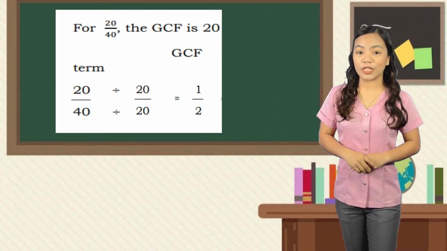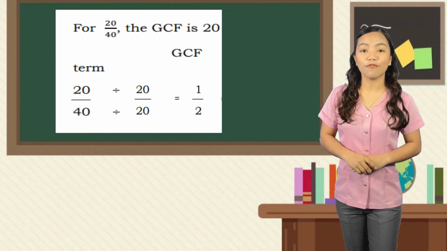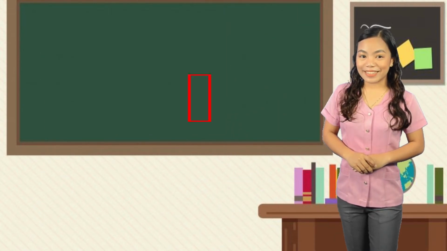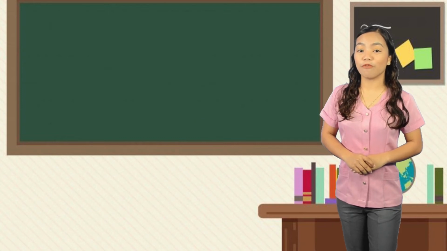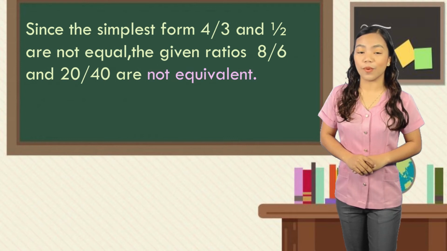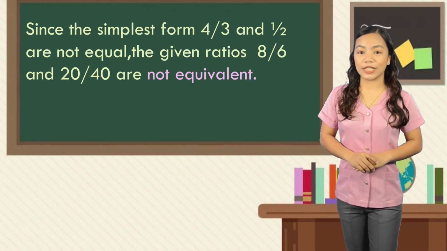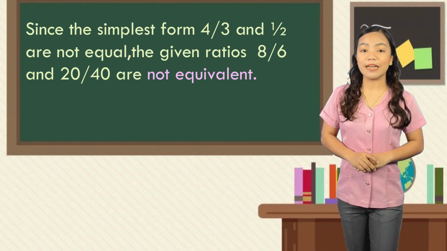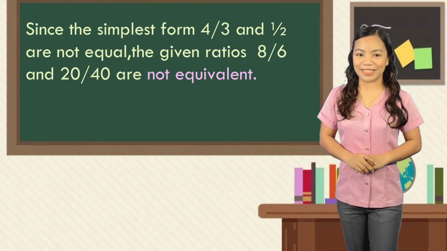Thus, the lowest term of 20/40 is 1/2. Since the simplest forms 4/3 and 1/2 are not equal, the given ratios 8/6 and 20/40 are not equivalent.